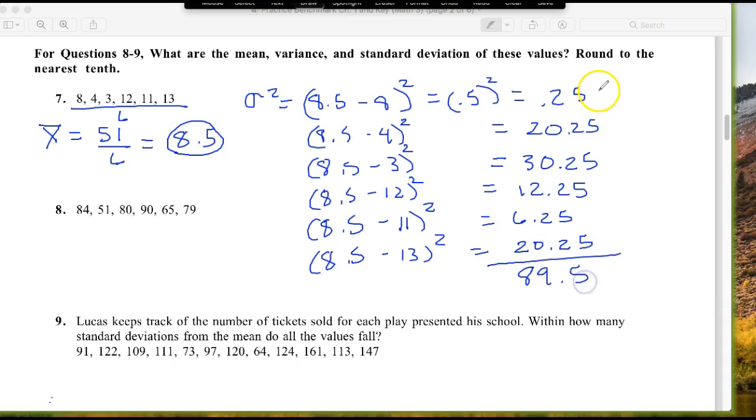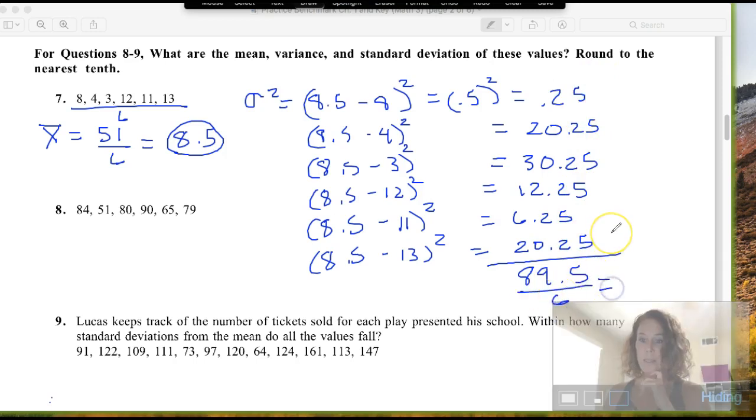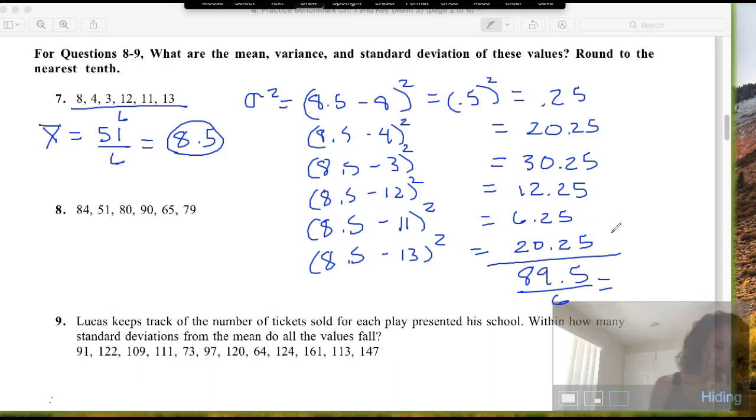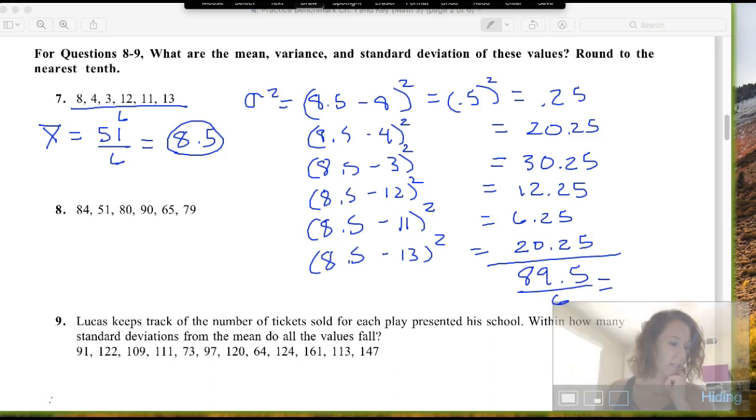And then I'm going to find the mean of this, or the average of this. There are 1, 2, 3, 4, 5, 6 values. So I'm going to divide by 6. And if I divide that by 6, I'm going to get 14.91, and I'm going to go ahead and round to 14.9. All right, so that would be my variance.